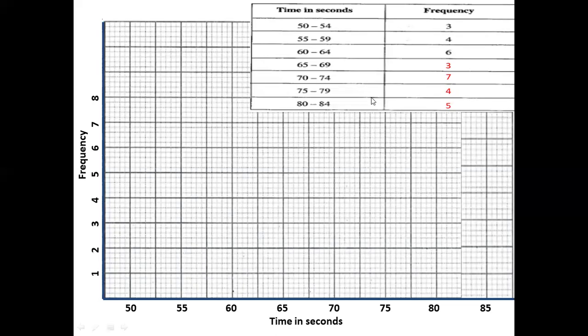So for example, for those who ran the race between 50 to 54 seconds, the frequency is 3. We're going to put the point in between 50 and 55 there, because there are 5 centimeters representing that category. So we'll just put these frequencies in their respective places in between the categories, and then we connect them using lines like this.